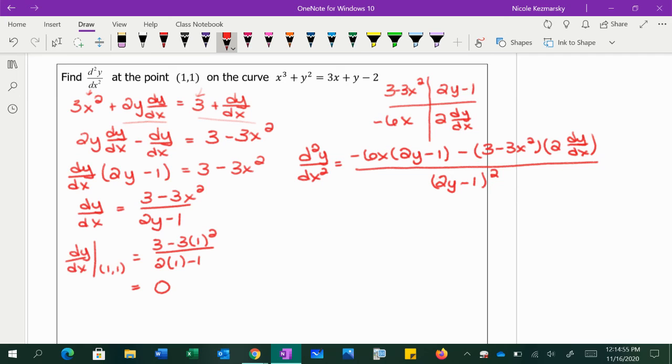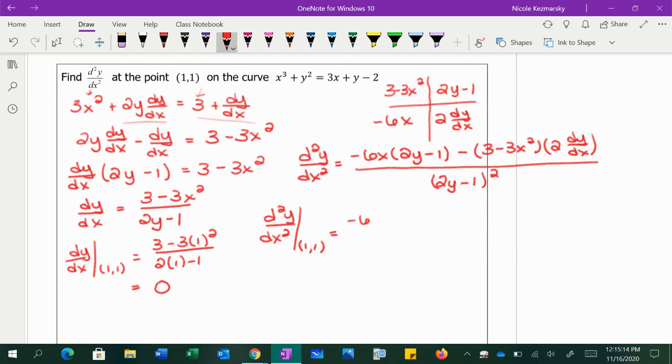Now, rather than try and algebraically simplify all of that, remember, we want the second derivative at the point (1, 1). So let's go ahead and say the second derivative with respect to x at (1, 1) equals.